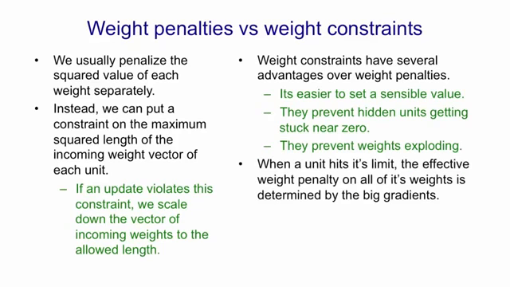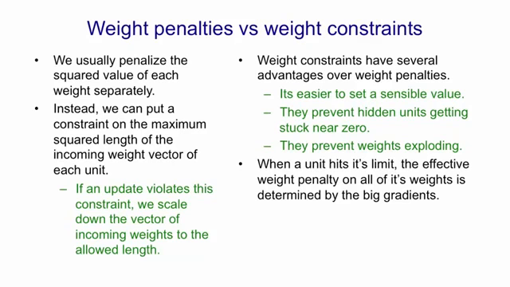One other subtle thing that weight constraints do is that when a unit hits its constraint, the effective penalty on all of its weights is determined by the big gradients. So if some of the incoming weights have very big gradients, they'll be trying to push the length of the incoming weight vector up, and that will push down on all the other weights.